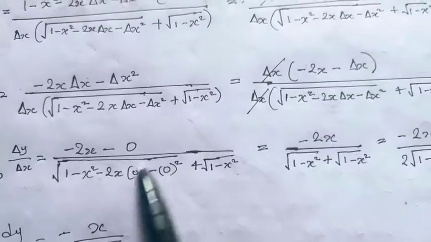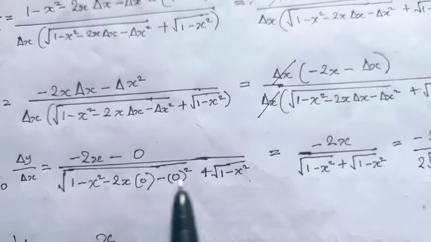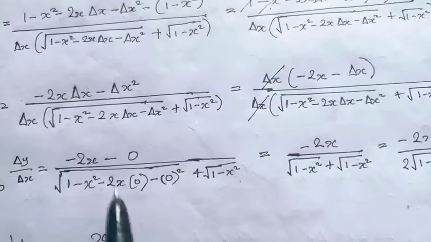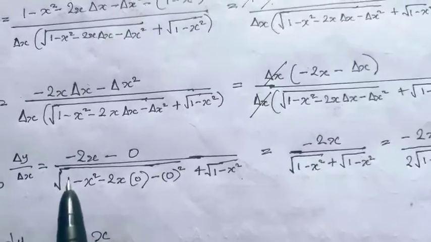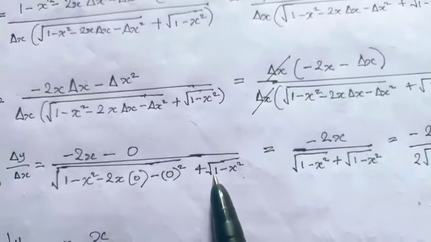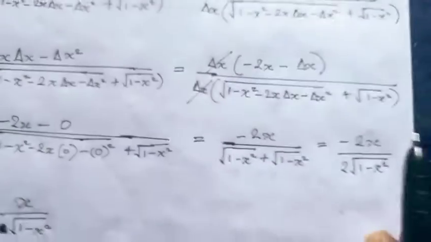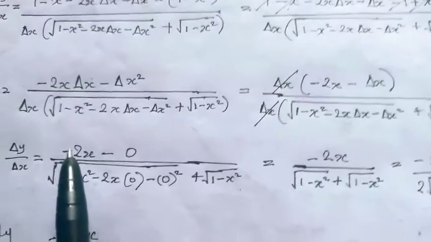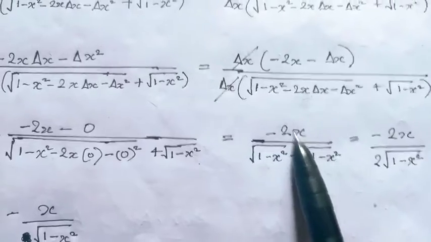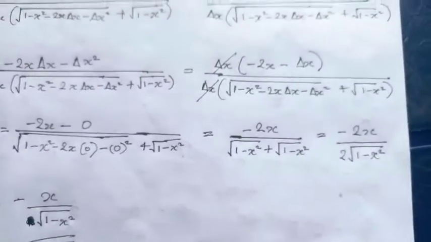So these are all zeros. Negative 2x multiplied by 0 leaves me with 0 all through here. So I am left with the quantity square root of 1 minus x squared plus square root of 1 minus x squared, and my negative 2x minus 0 is still my negative 2x. So we can see that this function has been simplified.